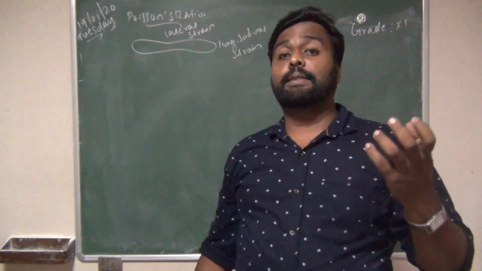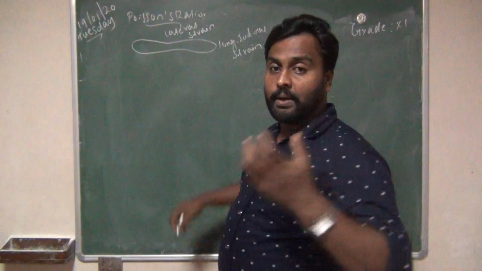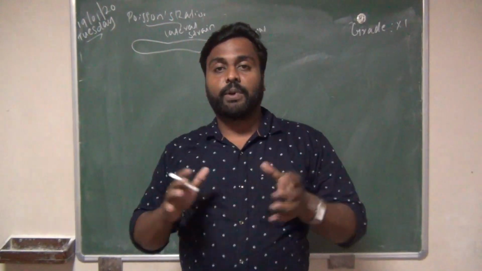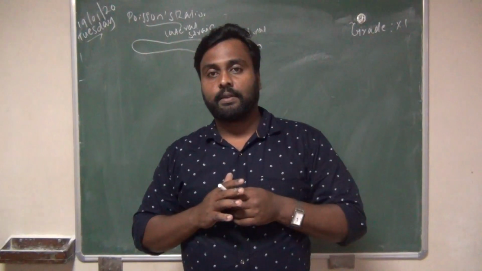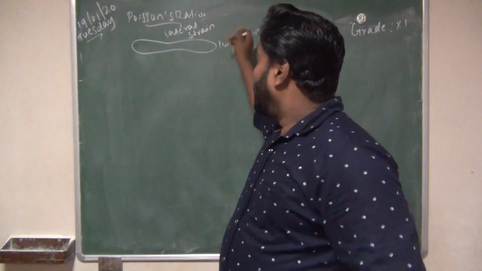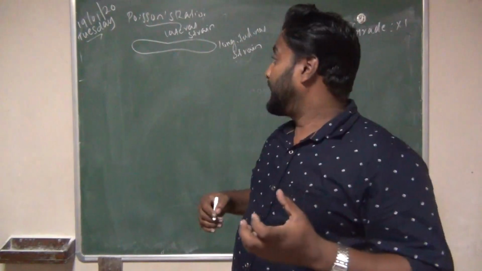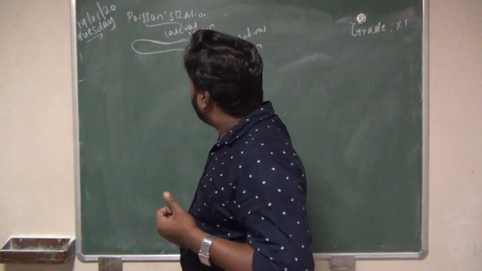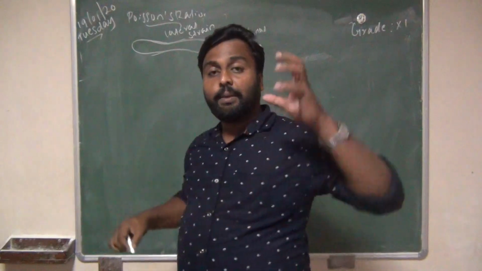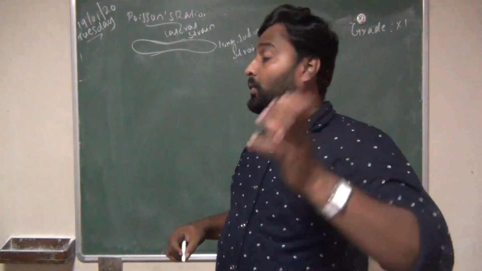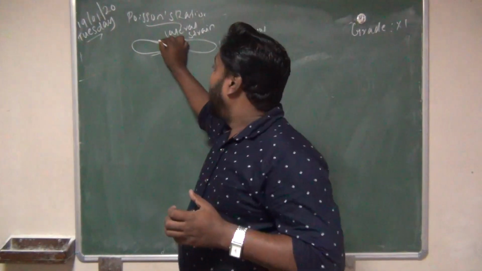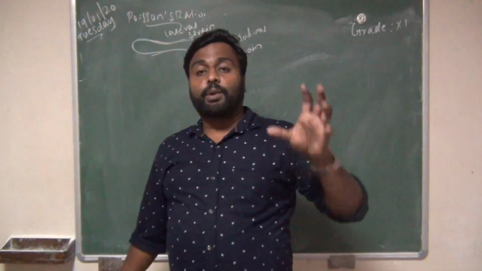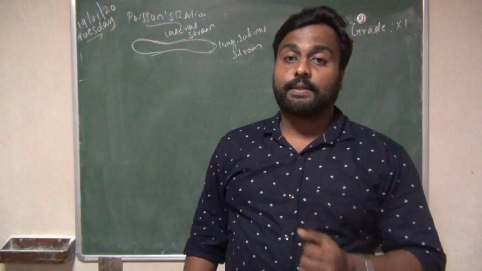Where the length increases we say elongation, and where the diameter decreases we say contraction, or lateral strain and longitudinal strain. Both these parts where the diameter is decreasing, you can use lateral strain, and where the length is increasing, you can use the word longitudinal strain.